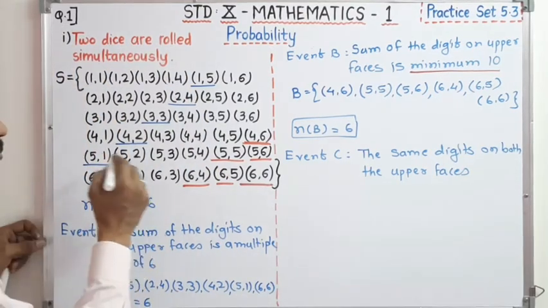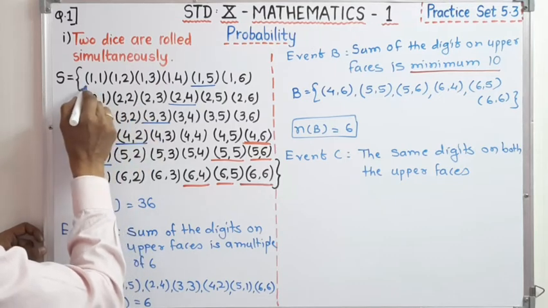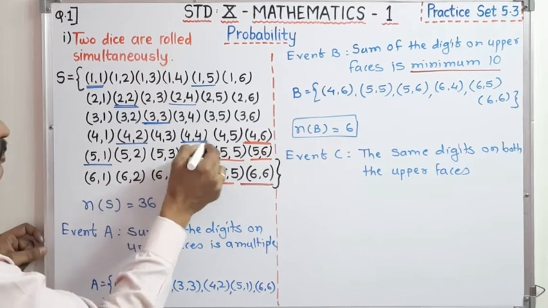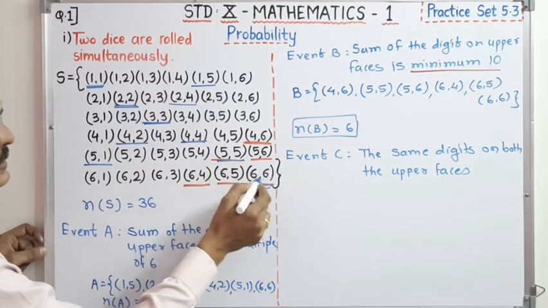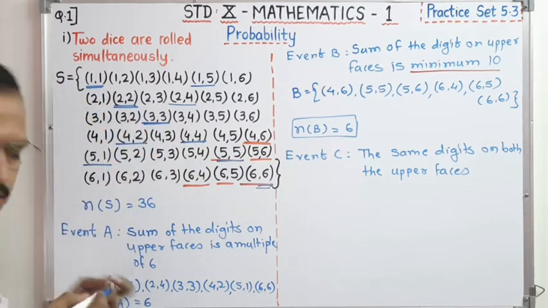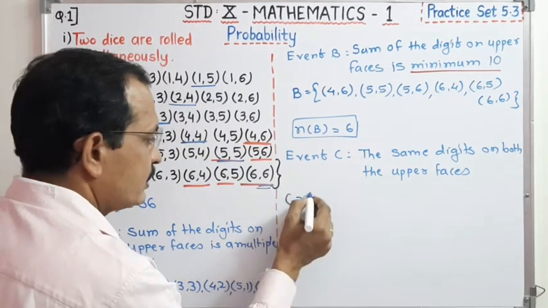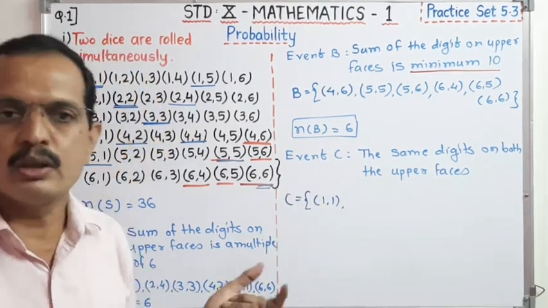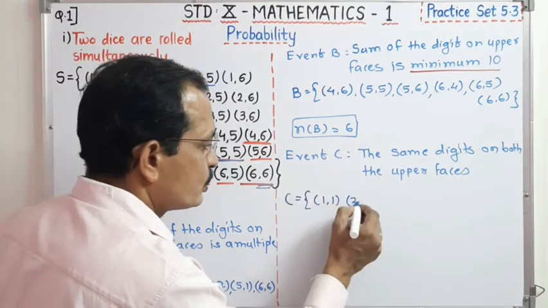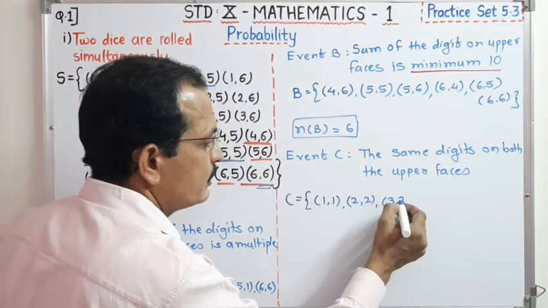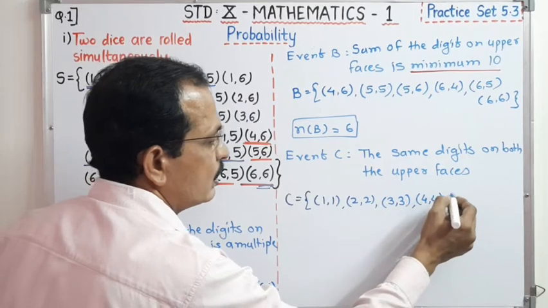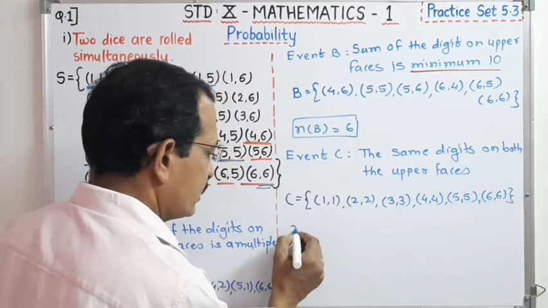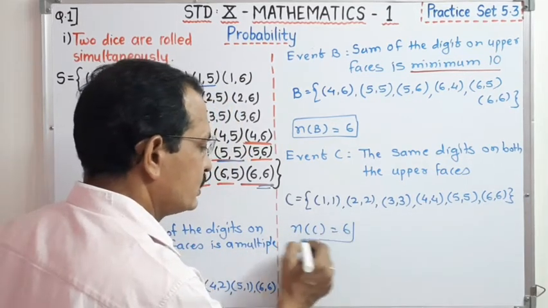Now find out the same digit numbers. It is, dear student, 1 1, 2 2, 3 3, 4 4, 5 5 and 6 6. We can write here event C. First one 1 1, that is the same number on both the faces. Here it is 2 2, then 3 3, 4 4, 5 5 and dear student 6 6. Therefore n(C) is equal to 6.